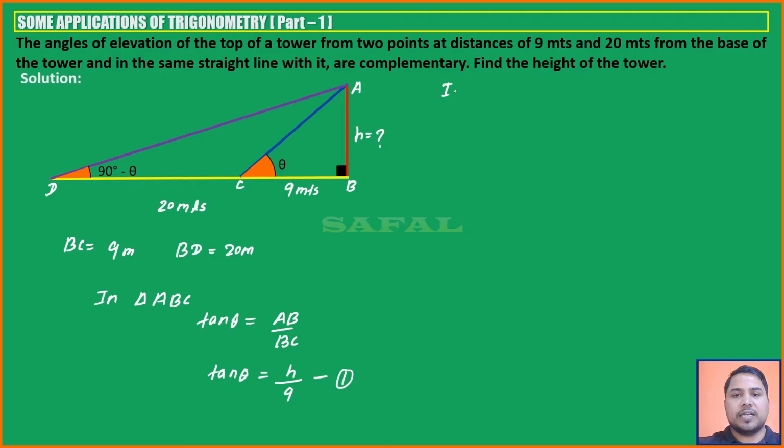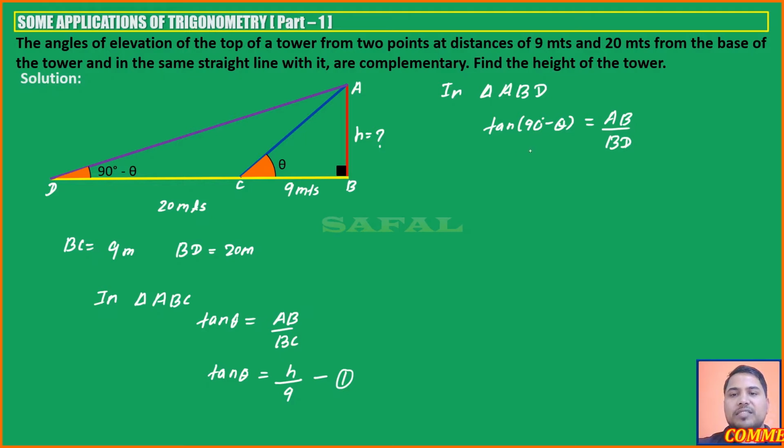Again in triangle ABD, tan of D, that means tan of 90 minus theta, is AB by BD, opposite by adjacent, correct?